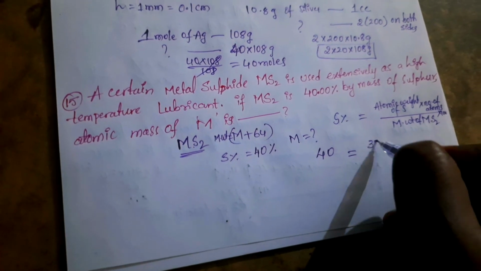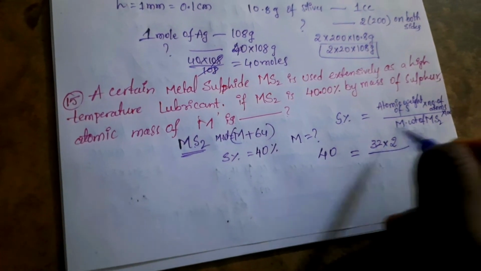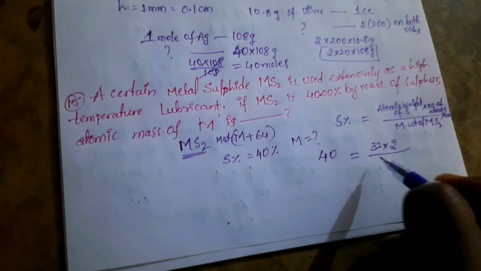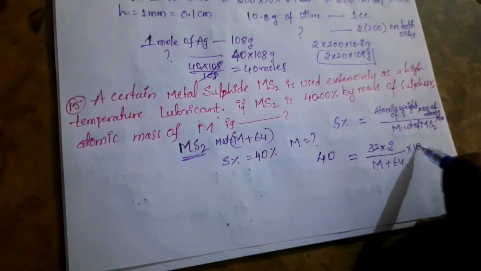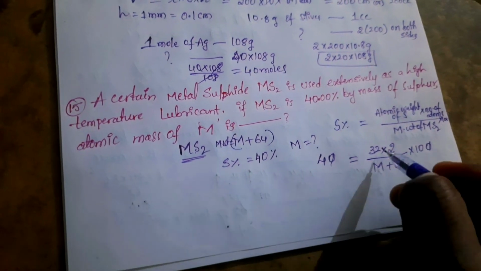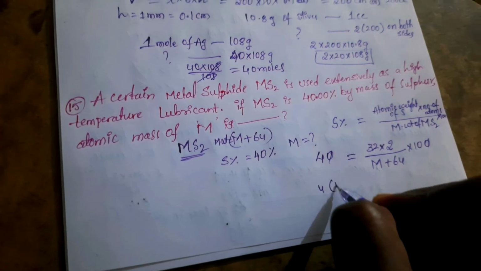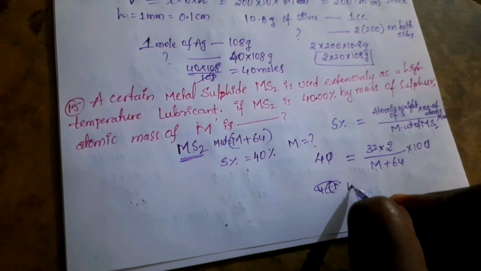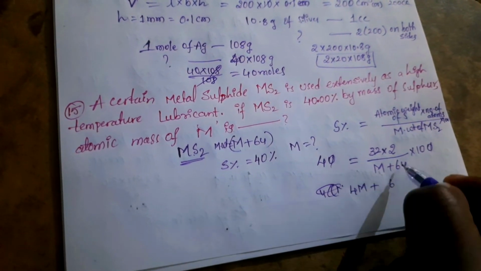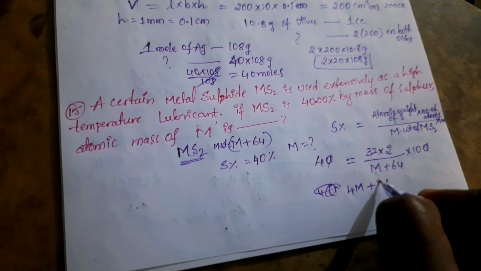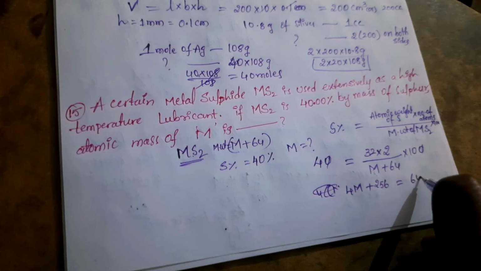Atomic weight of sulfur is 32 into number of atoms in this molecule is 2, by molecular weight of MS2, which will be M plus 64. Into 100, the zeros get cancelled. Now 64 into 10, that is nothing but 4 into M plus 4 into 64, that is 256. 64 into 10 means that is 640.